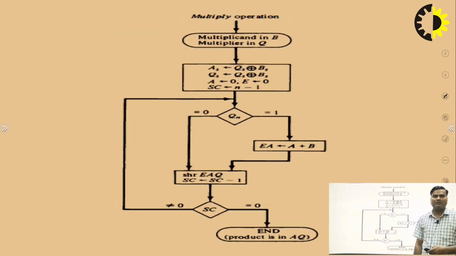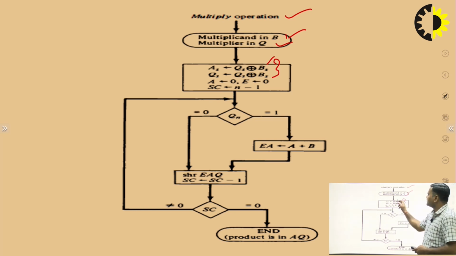This is the flow chart for sign magnitude data, in which we can see that the multiply operation starts, the multiplicand is stored in the B register and the multiplier is stored in the Q register. Here is the calculation of the sign bit: we place the multiplicand in the B register and its sign is stored in BS.